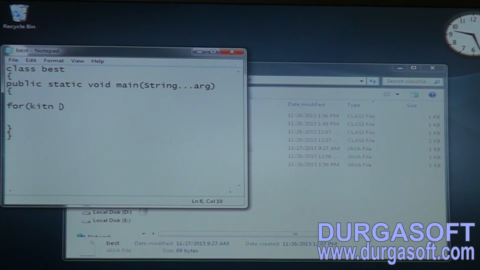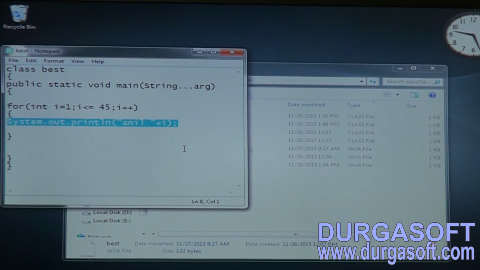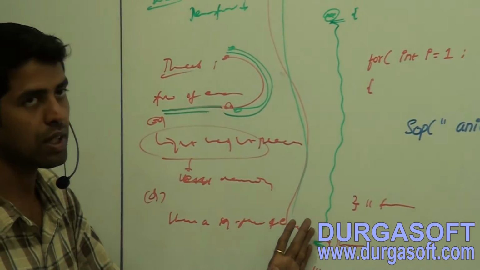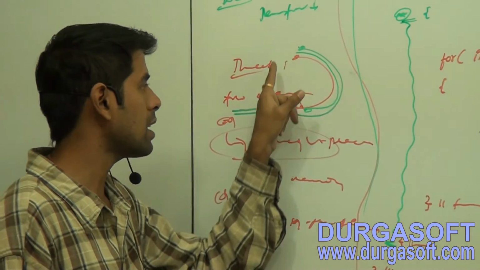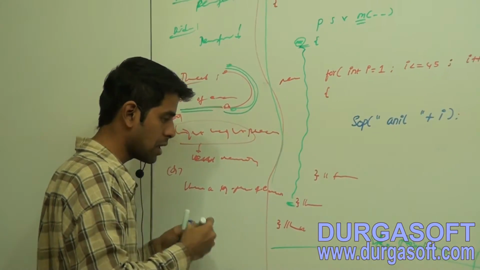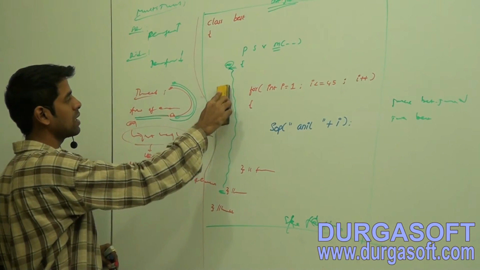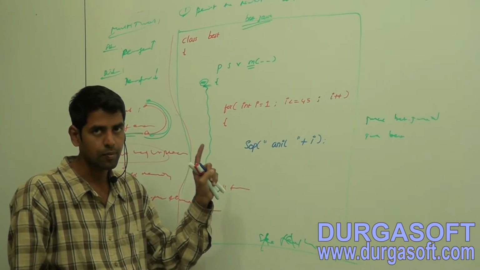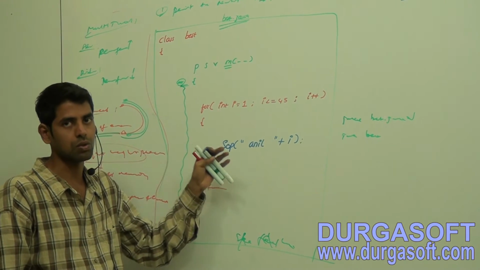I have taken one local variable, i equals 1, i less than or equal to 45, i plus plus, and System.out.println of "Anil" plus i. Now we have a flow of execution, and that flow of execution is called a thread. What is that thread's name? It is the main thread. Don't bother about the name, but feel that there is one thread, one flow of execution.